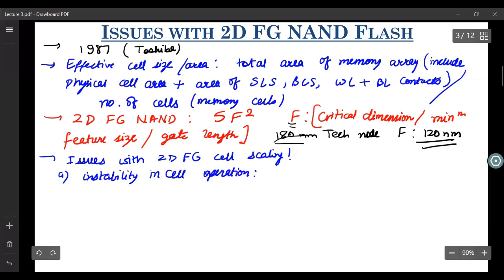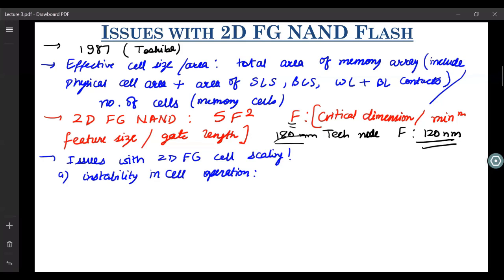What exactly is your cell operation? You have to program that cell to store some value, or you have to erase that cell to remove those electrons. There was this instability in cell operation, which made it difficult to program and erase, and at the same time to identify whether your device is in the programmed state or the erased state. How do you find that out? You have a programmed VT and an erased VT, and across your array you will have this distribution, which we saw earlier as well.